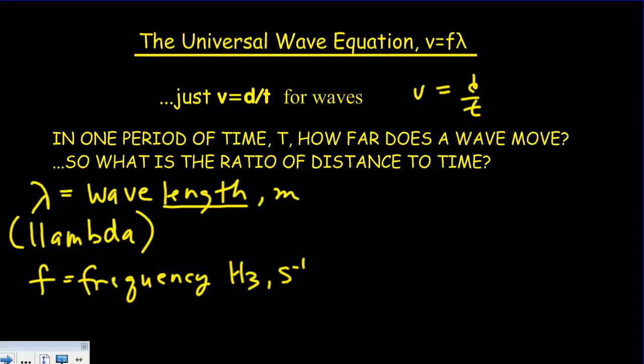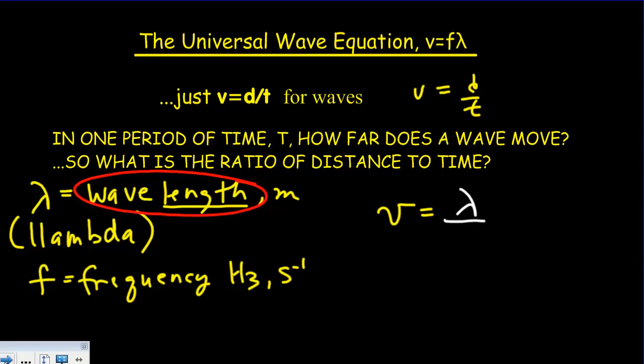Now, what I can do here is I can say speed equals distance over time. But I can choose a particular distance. And the particular distance that I'm going to choose is the wavelength. I know the speed of a wave is constant as long as I don't change the medium. And I'm going to talk more about that in a second. But for right now, I'm going to choose my distance to be one wavelength.